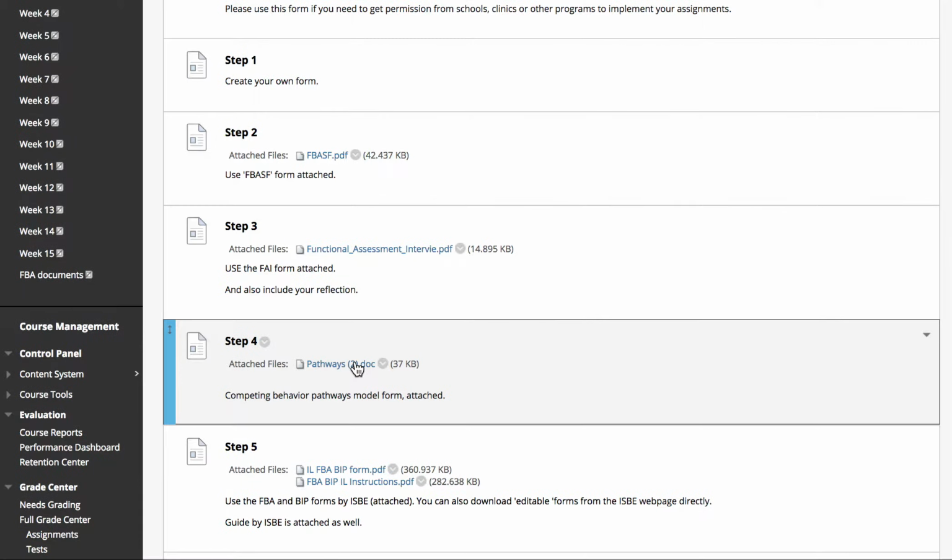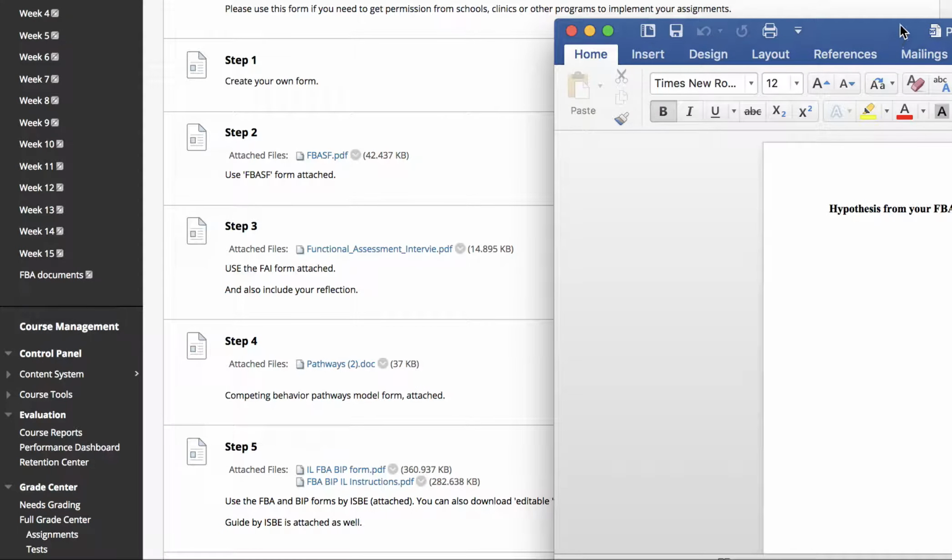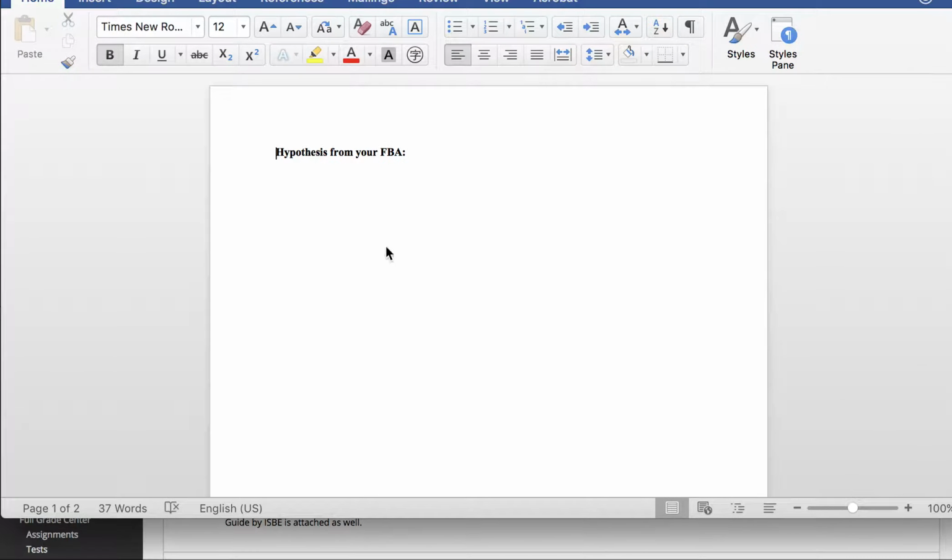Step 4 is the pathway. So you will develop a BIP, download the form, and on the first page you will see this. Because you have done some observation and figured out the student's current level of development and the concerned area, and you had an interview, based on the information you gathered you will come up with summary statements about the challenging behavior the student has.